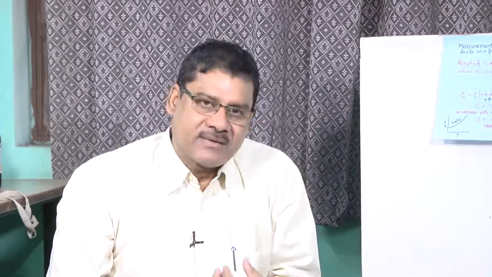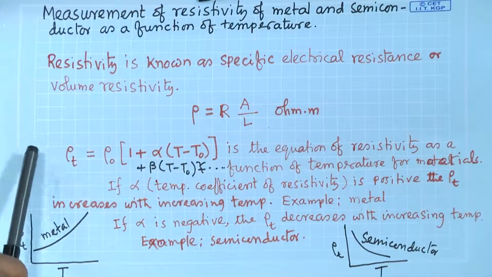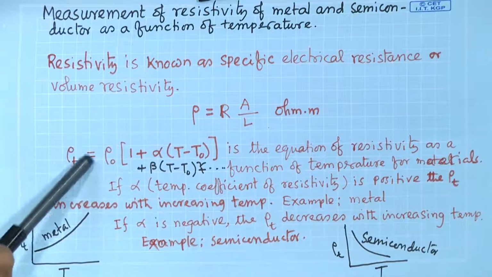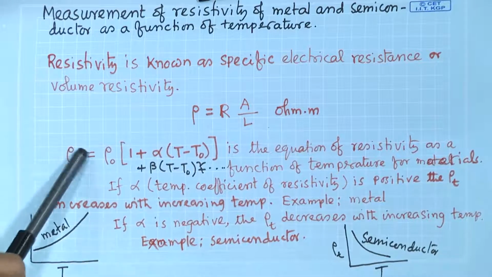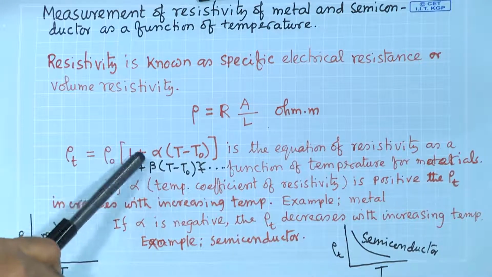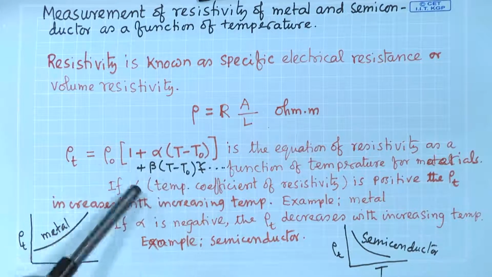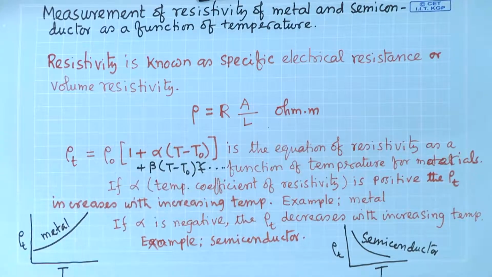So, now resistivity depends on temperature. Generally we write the expression of resistivity as a function of temperature: rho T is equal to rho 0 times 1 plus alpha T minus T 0 plus beta T minus T 0 square plus higher terms. It is a polynomial.